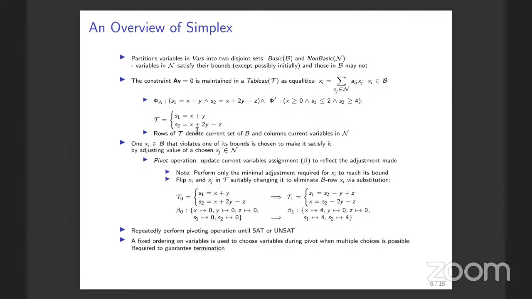Similarly, if there are multiple choices among the non-basic variables to make the adjustment to fix the violation, you have to choose the non-basic variable that appears earliest in the variable order.